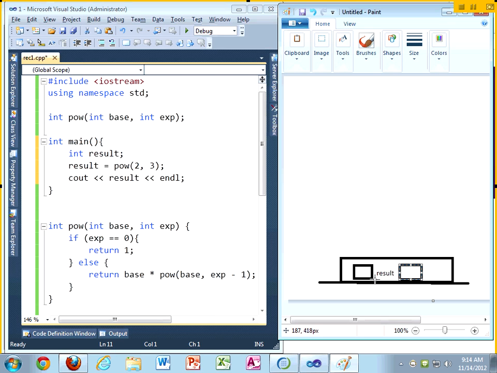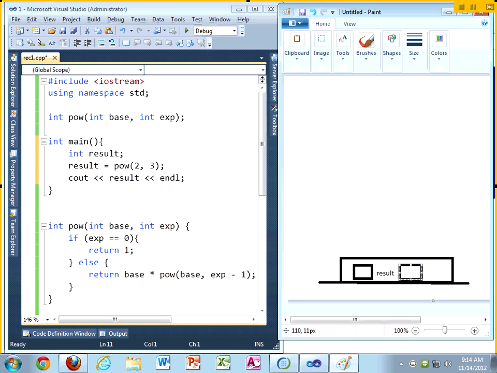So I'm putting these two variables in an activation record and just kind of drawing them abstractly. Really, the way the stack is working is that each thing you put on the stack, like I would be putting result on the stack, and then I'd be putting the next thing on the stack, and then the next thing on the stack. So the activation record would actually be, again, the way I should probably be drawing it is just a bunch of vertical lines on the stack.